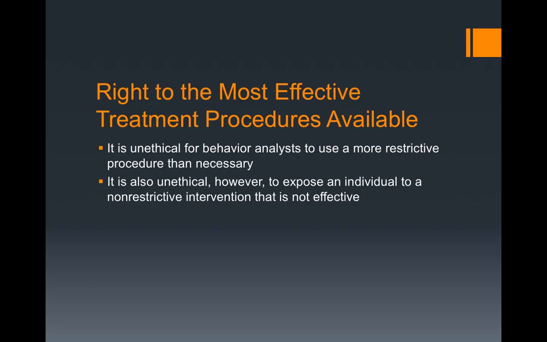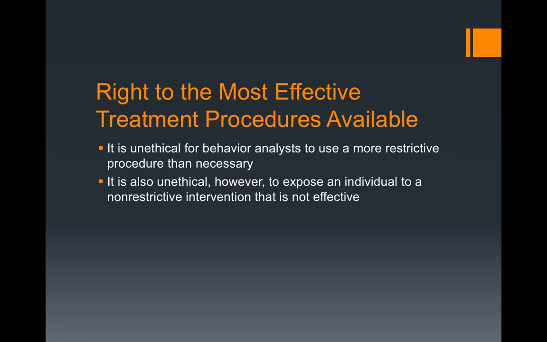Finally, Van Houten talks about another component of effective behavioral programming, which is to make sure you use the most effective treatment procedures available. This is another area that really gets into the ethics of selecting target behaviors.